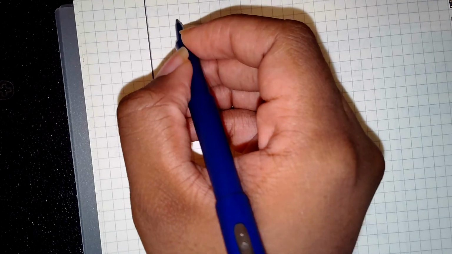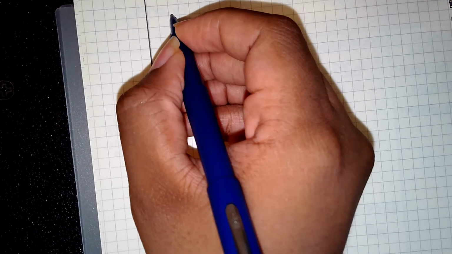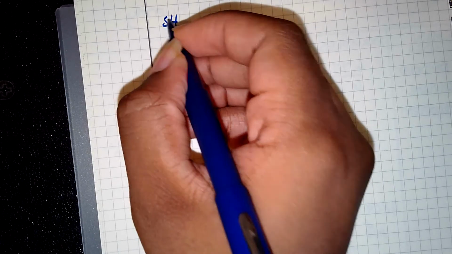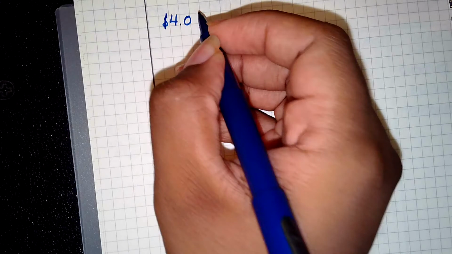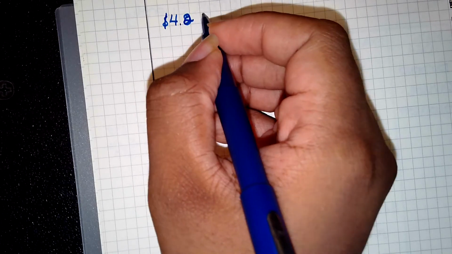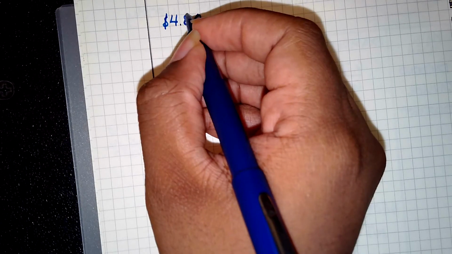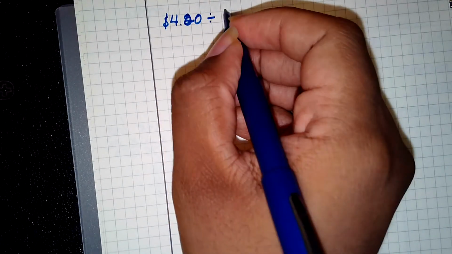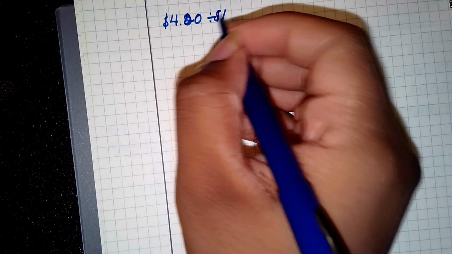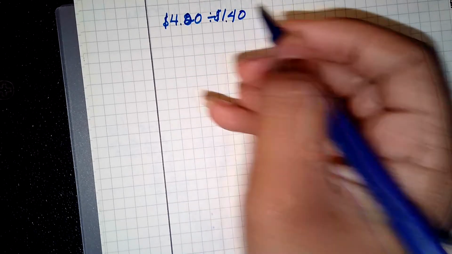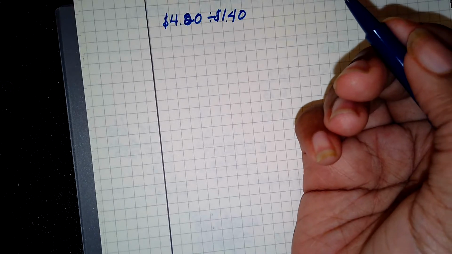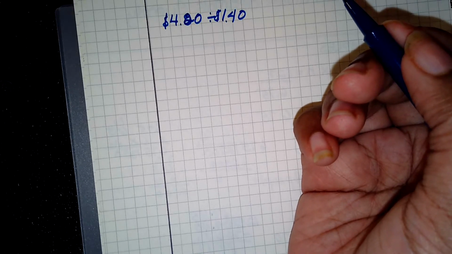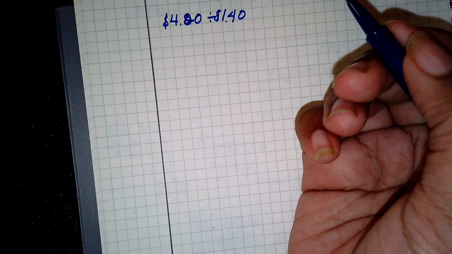So example 3B has find $4.20 divided by $1.40. So both of them have a decimal.